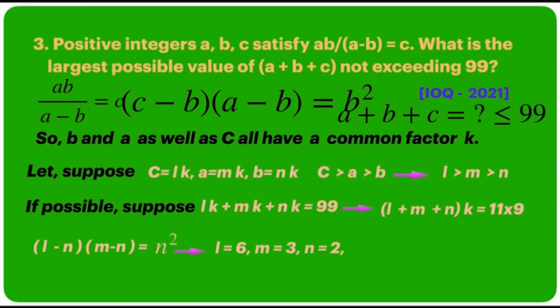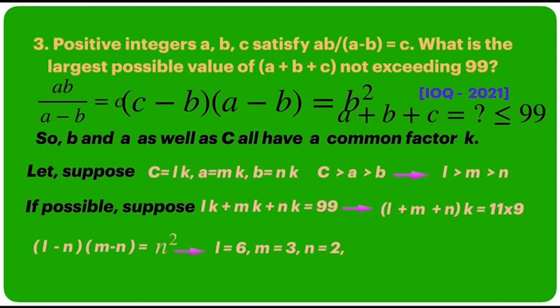So it is satisfied for L equals 6, m equals 3 and n equals 2, and also L plus m plus n, that is 6 plus 3 plus 2, is 11. So for these values, all the conditions and equations, that is (L plus m plus n) into k equals 11 into 9, and (L minus n) into (m minus n) equals n square, are satisfied.